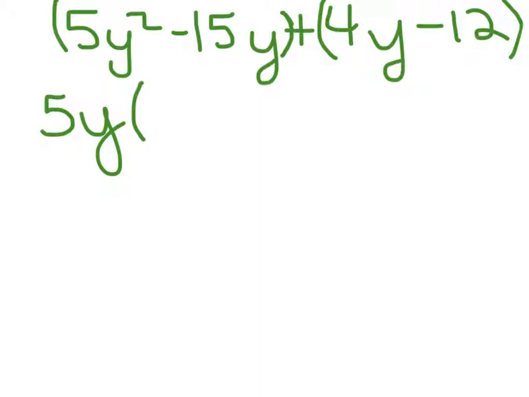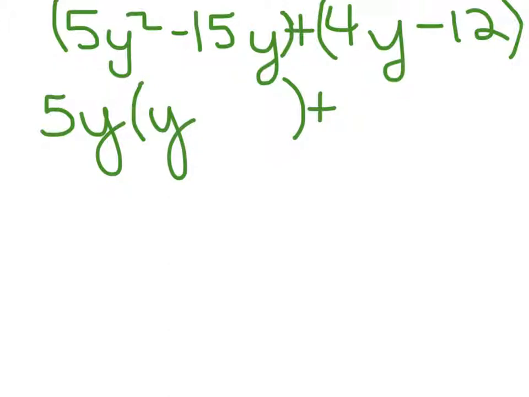And then we have to put what's left in parentheses. So 5y squared divided by 5y. 5 divided by 5 is just 1, so we're going to leave that off unless we absolutely have to write it. And then y squared divided by y is y, so we don't end up having to write our 1 because we have something there.